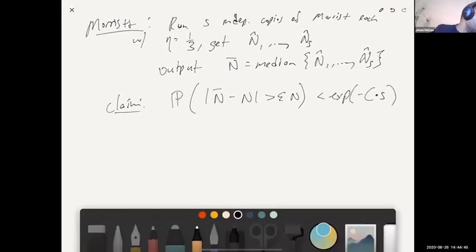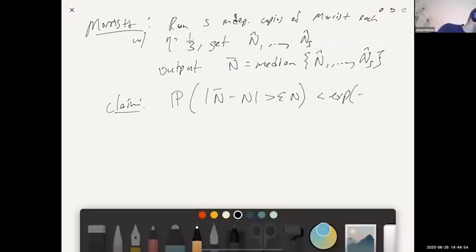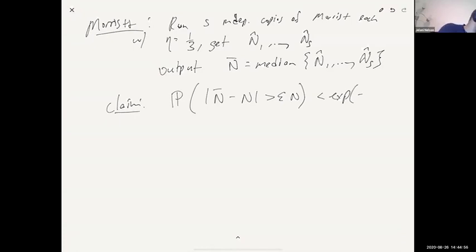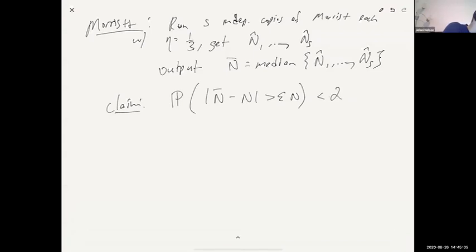Let me put a precise number here: 2e to the minus s over 3.